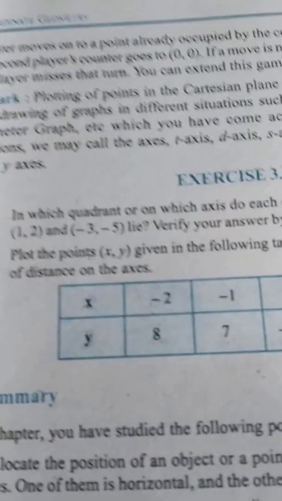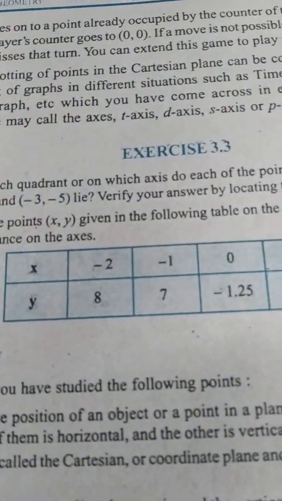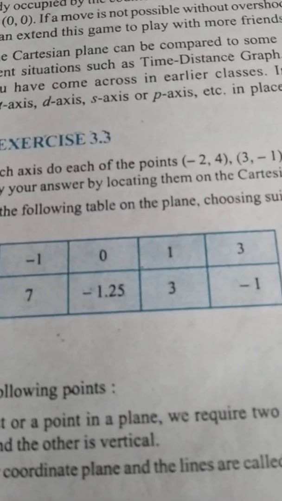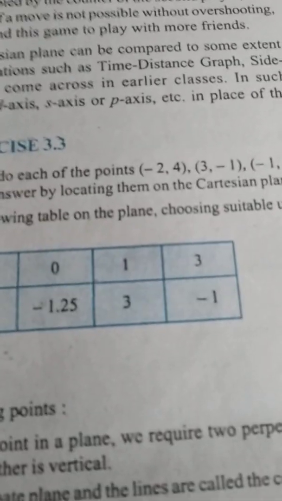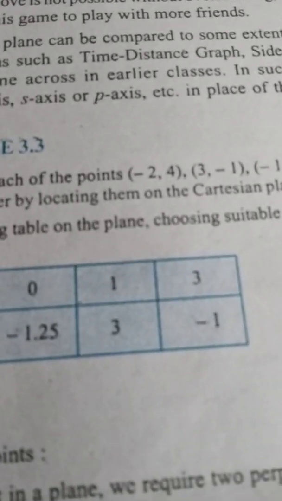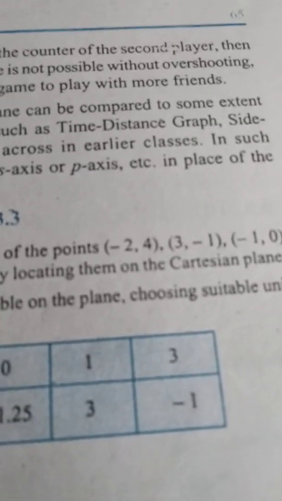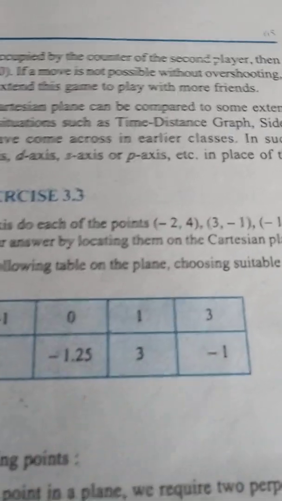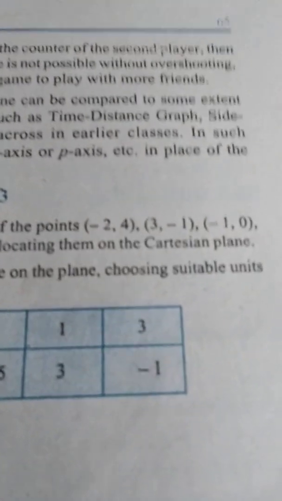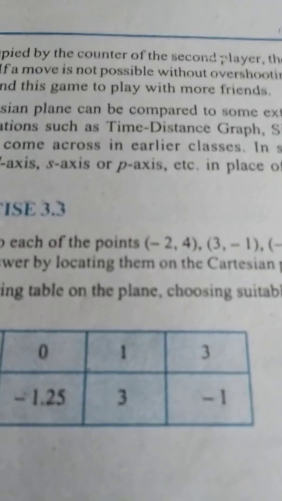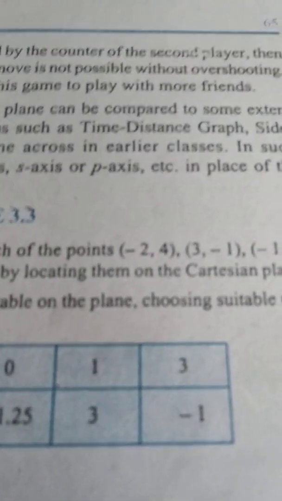Exercise 3.3. Very easy. In which quadrant or on which axis do each of the points lie? Okay. -2, 4. X is negative, Y is positive. So it lies in second quadrant. Please write the answer. Second. 3, -1. X is positive, Y is negative.